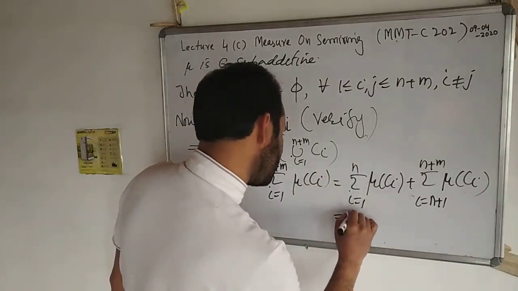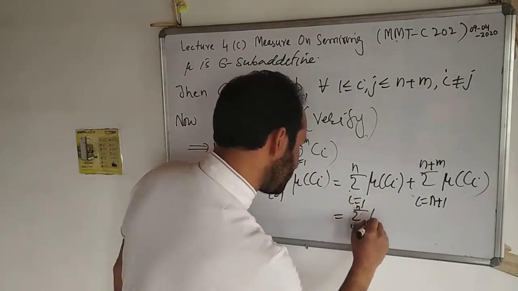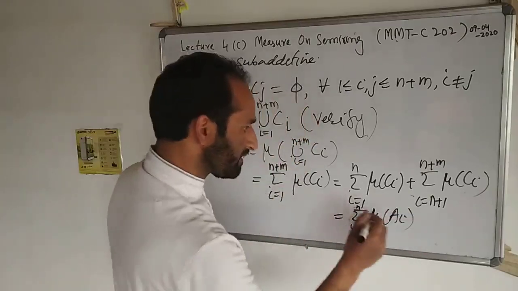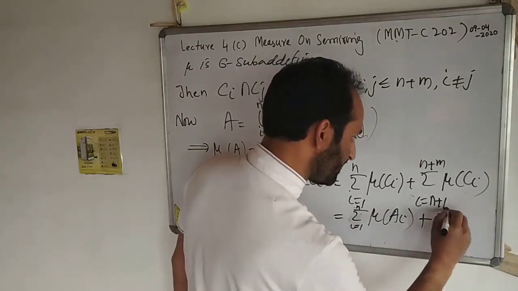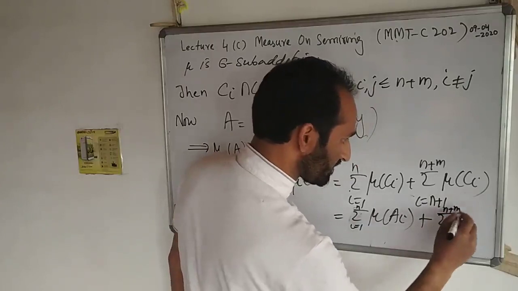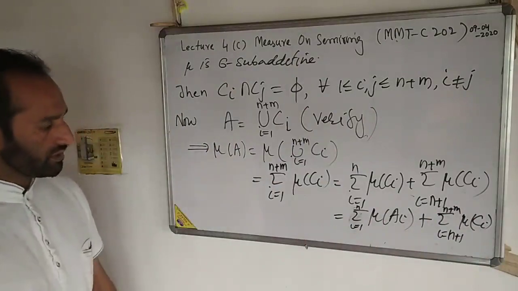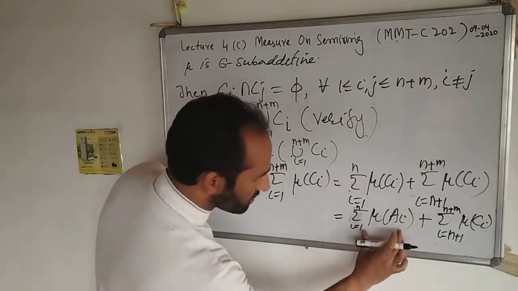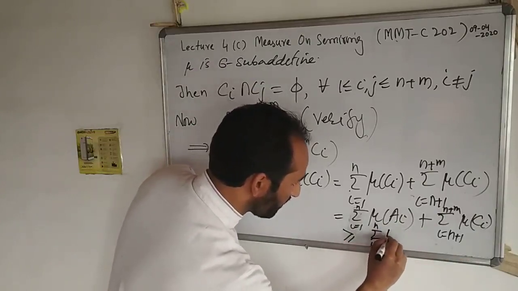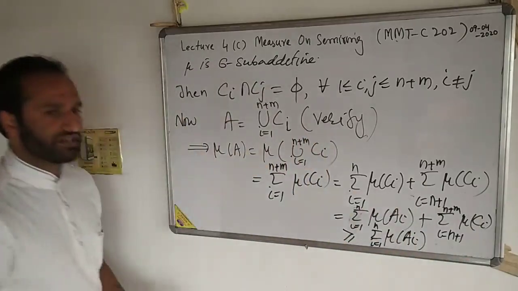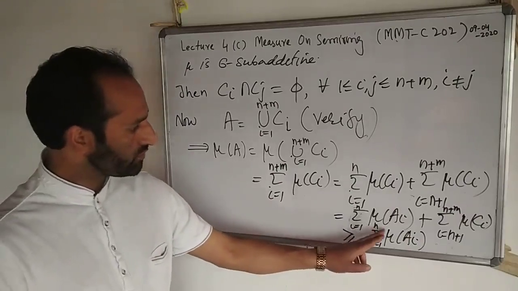So it's equal to the summation i runs from 1 to n of mu of Ai, plus the summation i runs from n plus 1 to n plus m of mu of Ci. Now this sum is greater or equal to the first term. It's greater or equal to the summation i runs from 1 to n of mu of Ai. This proves the second part: mu of A is greater or equal to the summation i runs from 1 to n of mu of Ai.